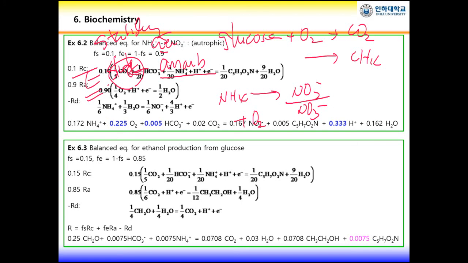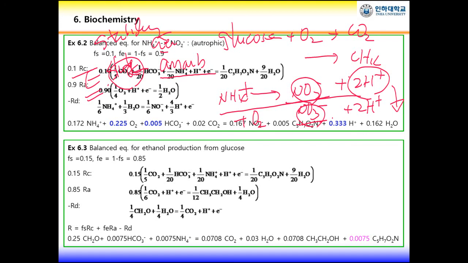If we produce this or produce this, will there be a pH difference? No. I think to complete these reactions, usually it produces 2 moles of protons, and this one also produces 2 moles of protons. So there might be slight differences, but if you produce nitrate or nitrite, the pH will drop. And this is the ethanol production.